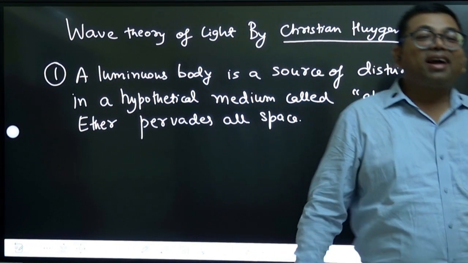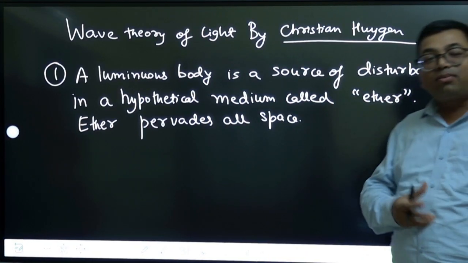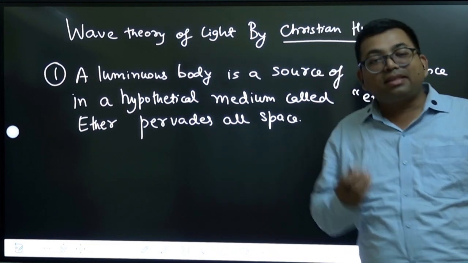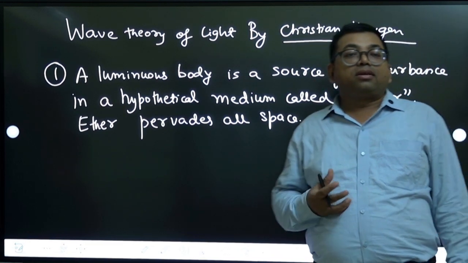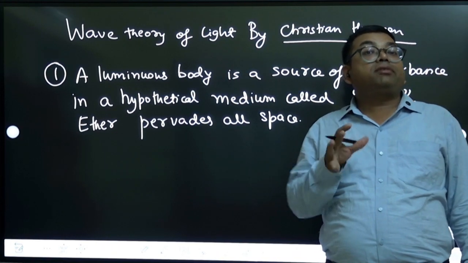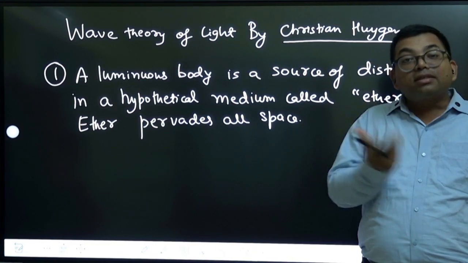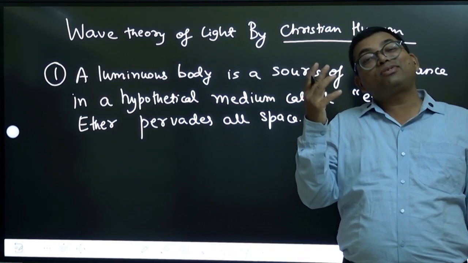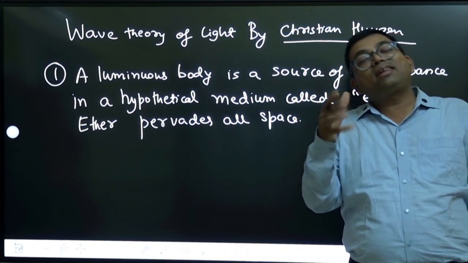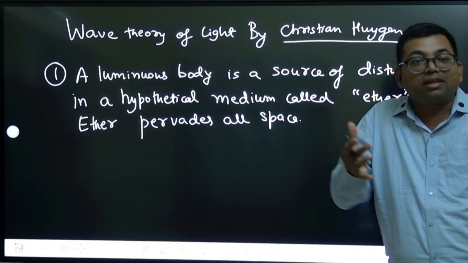So what was this idea given by Huygens? He said that any luminous object, meaning anything which emits light, disturbs the medium around it. Then you can ask, what is the medium? Suppose in space there is no medium. How can light travel in space? But now he brings the idea of a medium.